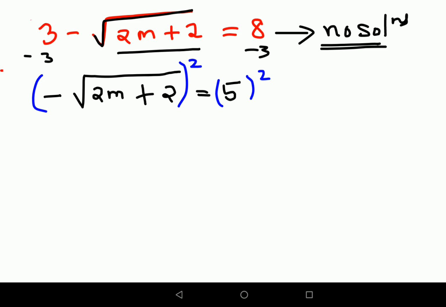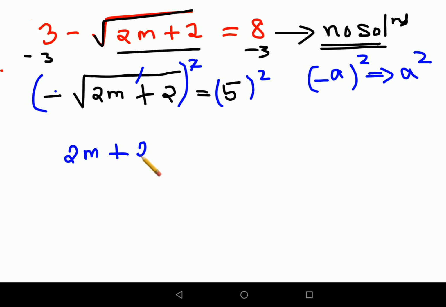When you do the squaring, this becomes positive, right? The square of any number is a positive answer. So the negative sign gets removed, and the root and the square nullify. You're left with 2m plus 2 equals 5 square, that is 25.